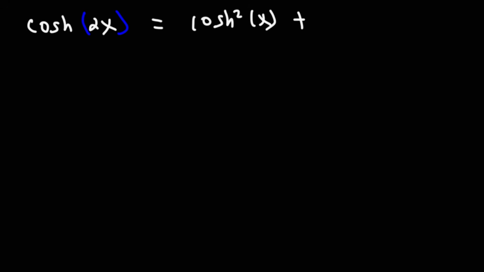Let's try another similar one. So hyperbolic cosine of 2x. Let's prove that it's equal to hyperbolic cosine squared plus hyperbolic sine squared.